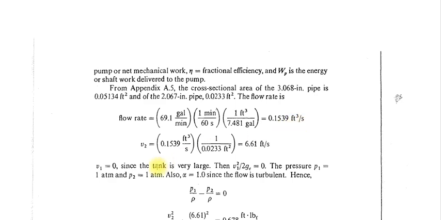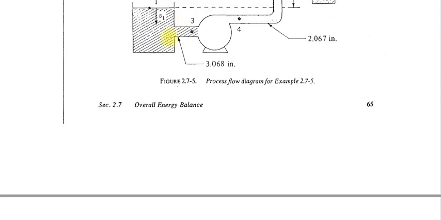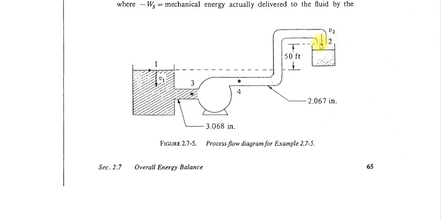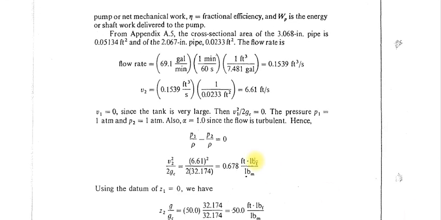Then we can calculate V2, the velocity at point 2, which is the exit point. We calculate the velocity at the exit point, that is equal to the volumetric flow rate divided by the cross-sectional area.